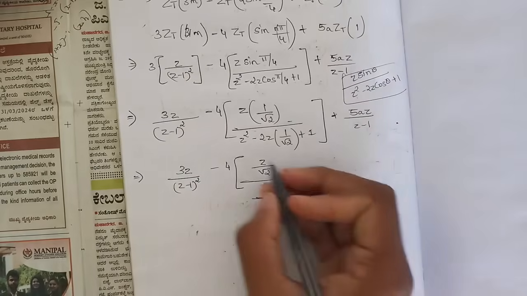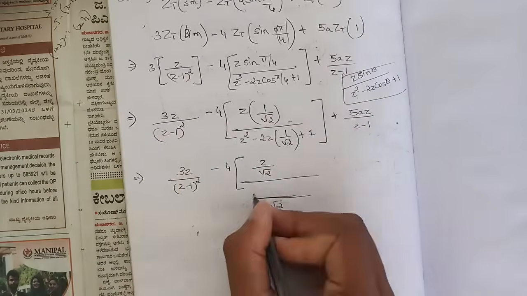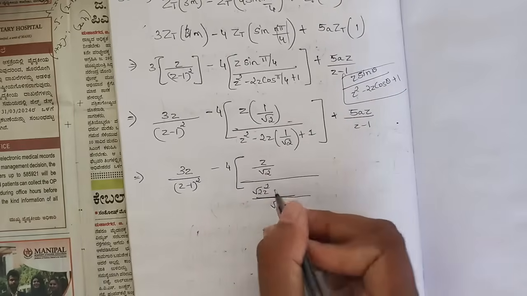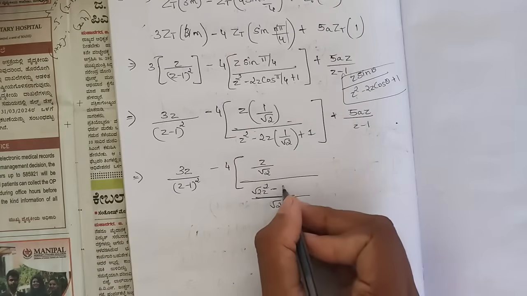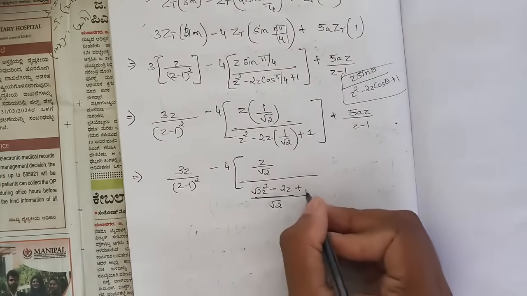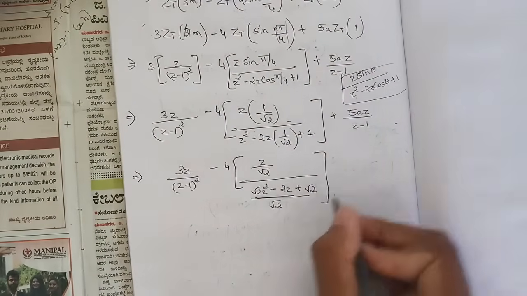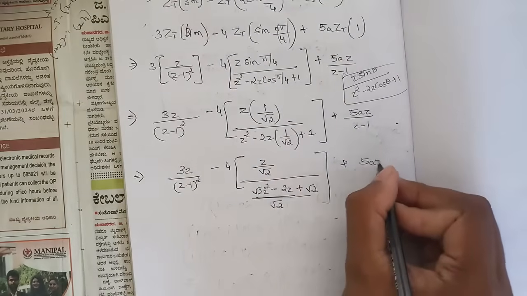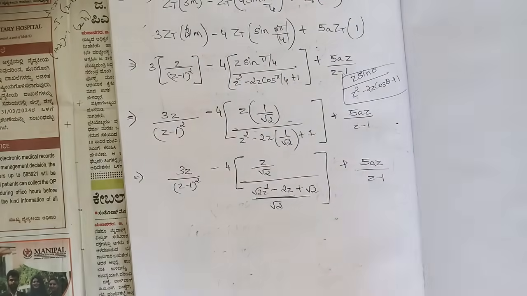That is, since there is only z square, we can write it as root 2 z square minus 2z remains as it is, plus root 2, since there is already a root 2, plus 5az divided by z minus 1.